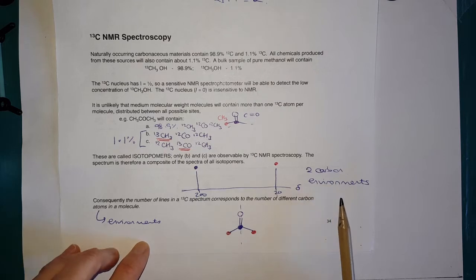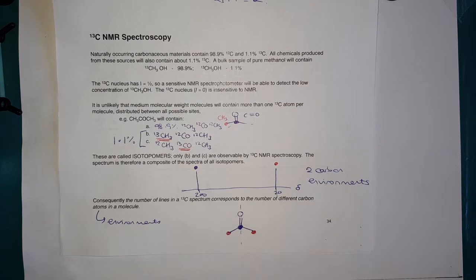Another way of looking at this is to look at a molecule and whether it has lines of symmetry and what carbons are potentially equivalent in the molecule. And we mean equivalent as being in the same environment. So the number of lines in a carbon-13 spectrum corresponds to the number of different carbon atoms in a molecule. That isn't just counting the number of carbon atoms, but we need to look at the type of carbon.